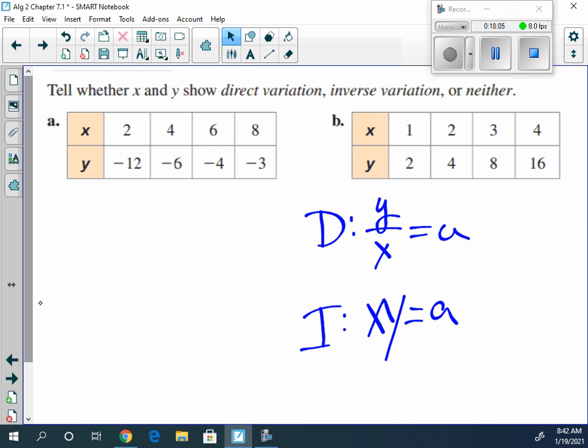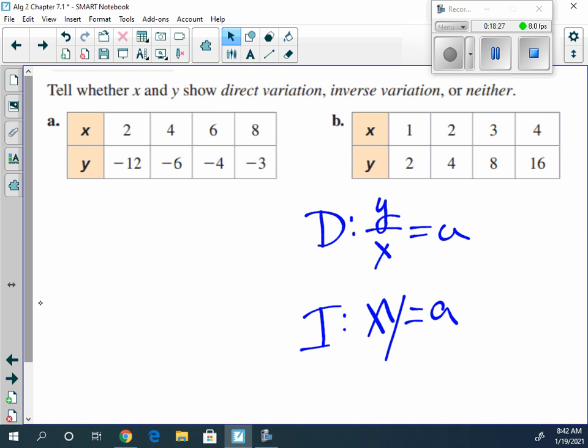It should be constant, yes? Something that's constant is the same, yes? So we should have the same value across every single set of numbers, yes?